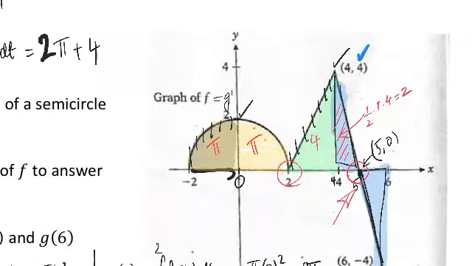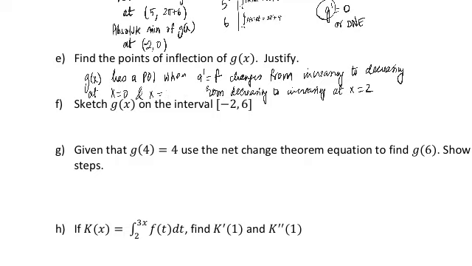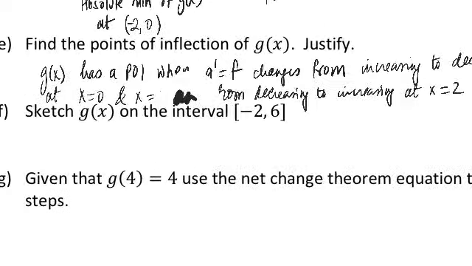That's a place where we change from decreasing to increasing. Maybe I should use the word and right here just to be safe, right? So we have points of inflection at X equals 0, X equals 4, and X equals 2.